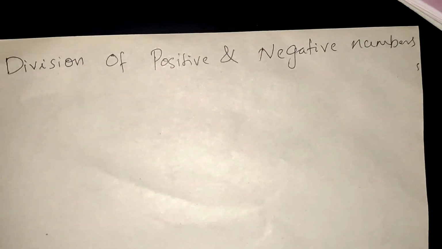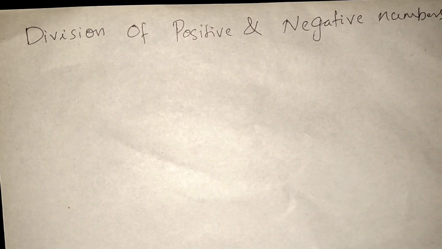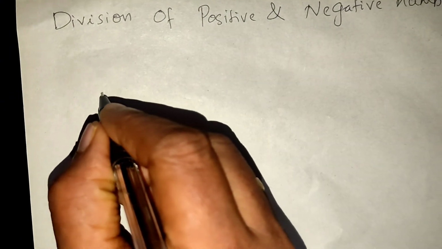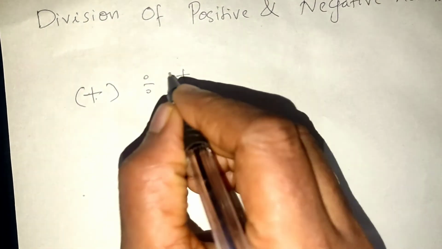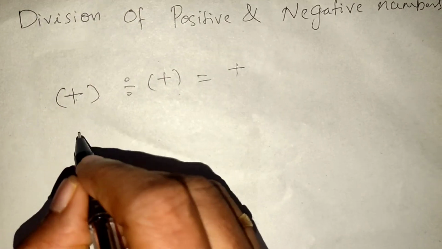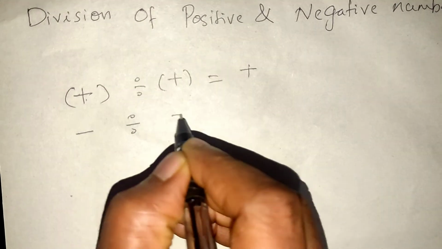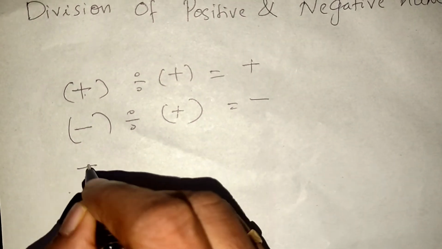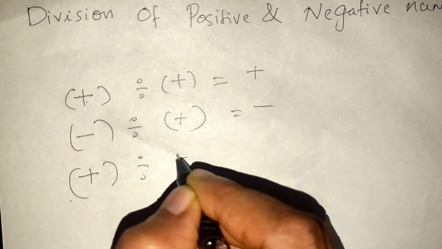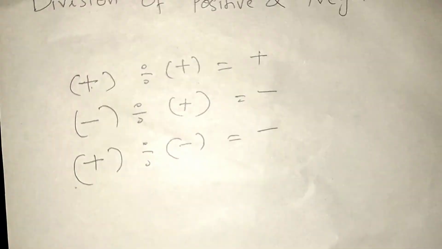Next we have the division of positive and negative numbers. Okay, this is exactly similar to the multiplication. That is, positive divided by positive: find out the answer and put the positive sign there. Then negative divided by positive is always negative. Then positive divided by negative is always negative.